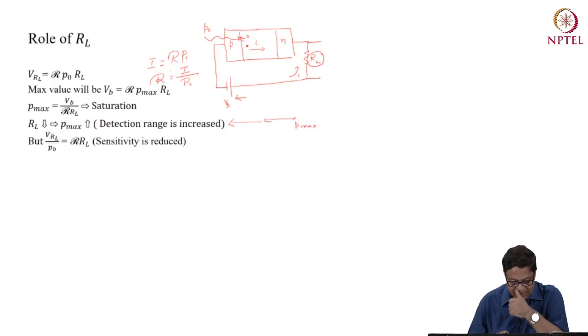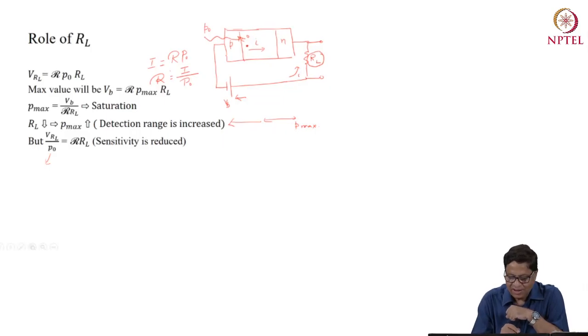On the other hand, the sensitivity, that is the ratio of the voltage developed across RL divided by the incident power, is given as responsivity into RL. So this is the sensitivity part. If I decrease RL, this sensitivity also decreases.